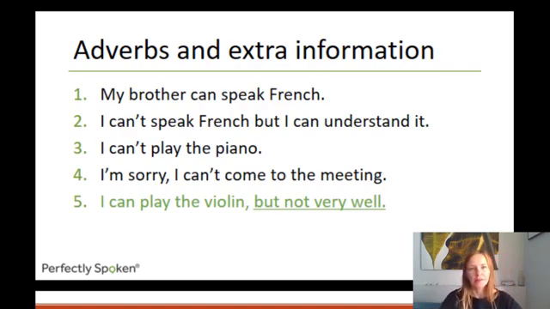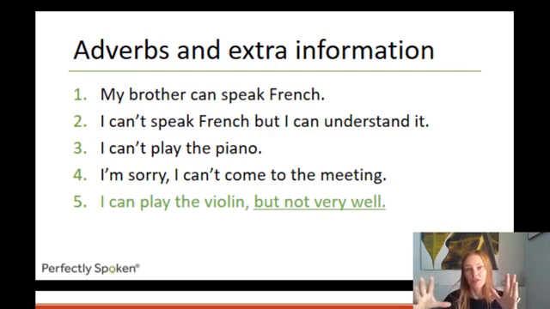Now here, this expression, but not very well, we use an adverb, in this case, well. I can play the violin well. We add to it very well, but we're making it negative, but not very well.